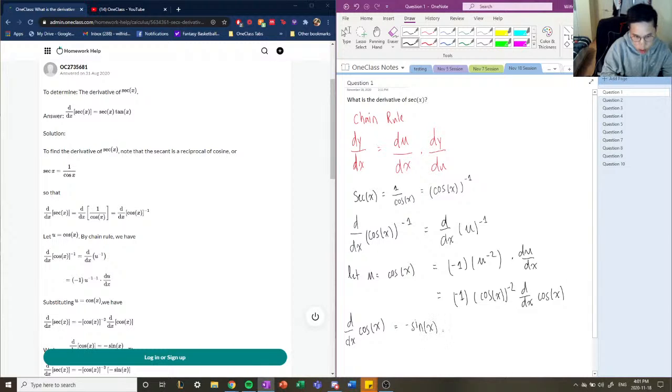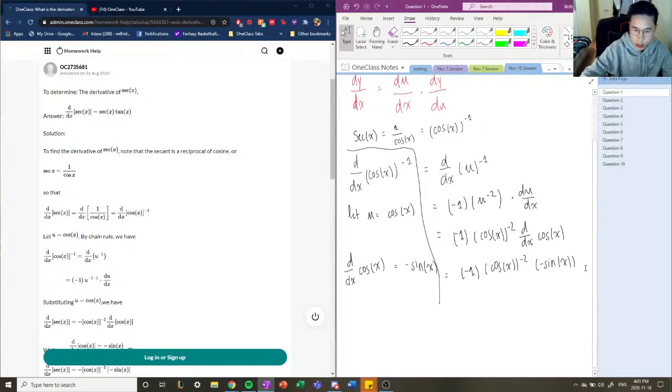Plugging that all in together, we got negative cos x to the power of -2 times -sine x. Okay, so this is what we get for our derivative.